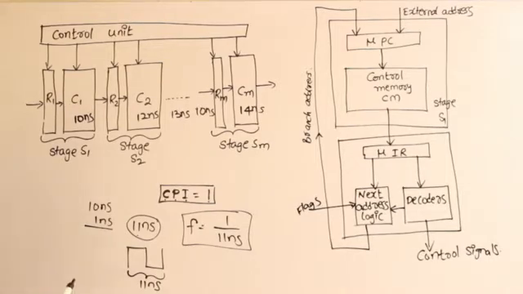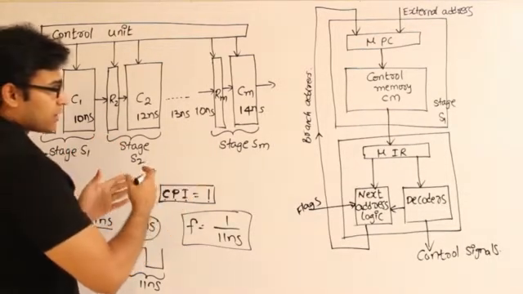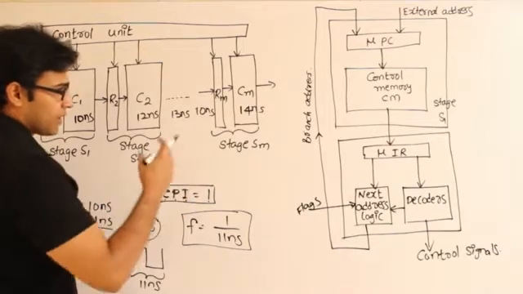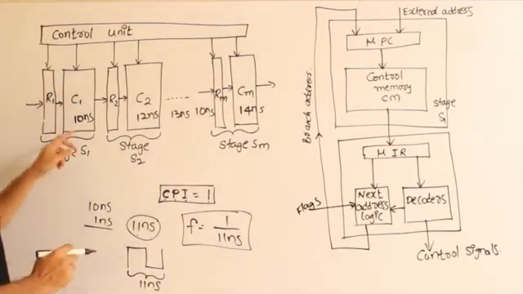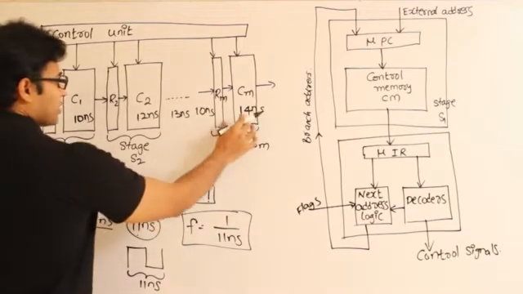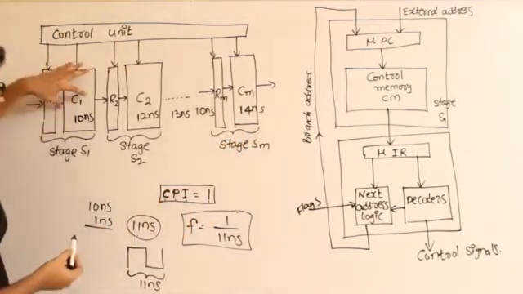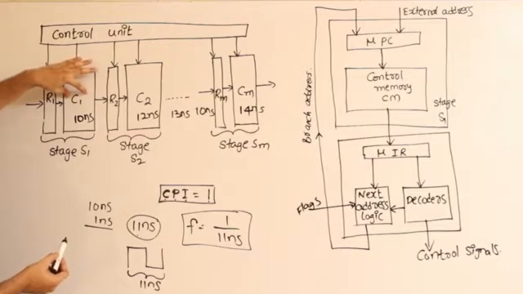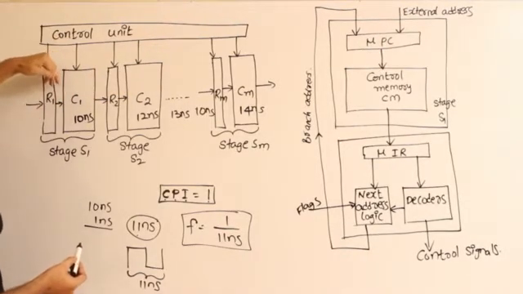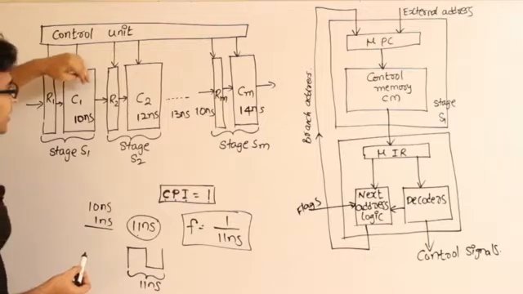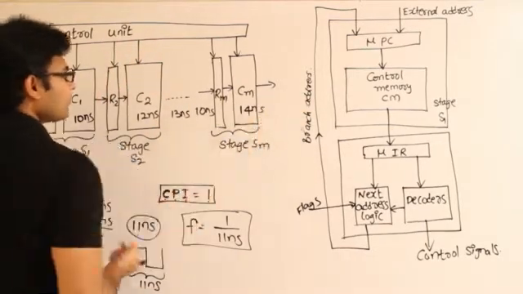That is the reason we always take the largest time period required and set the frequency accordingly. In this case, the largest time period required is 14 plus 1, which is 15. So even though this one can finish in 10 nanoseconds, we still set the clock to 15 nanoseconds, so that every stage output is read after 15 nanoseconds and one instruction comes out every 15 nanoseconds.